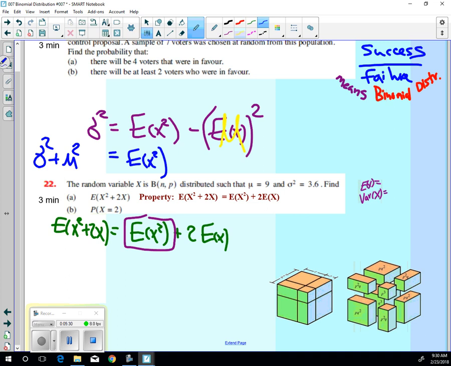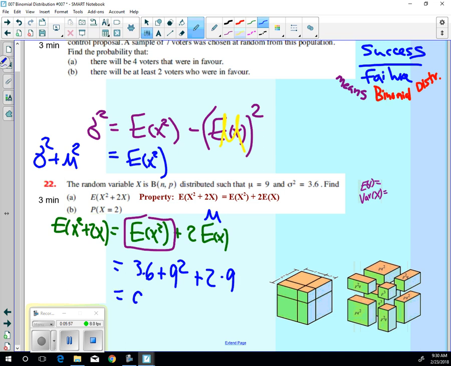Okay. Did I lose anybody there? Is that all right? So this is going to be the variance, which is 3.6, plus mu squared, which is 9 squared, plus 2 times E of X, which still is mu, so that's times 9.